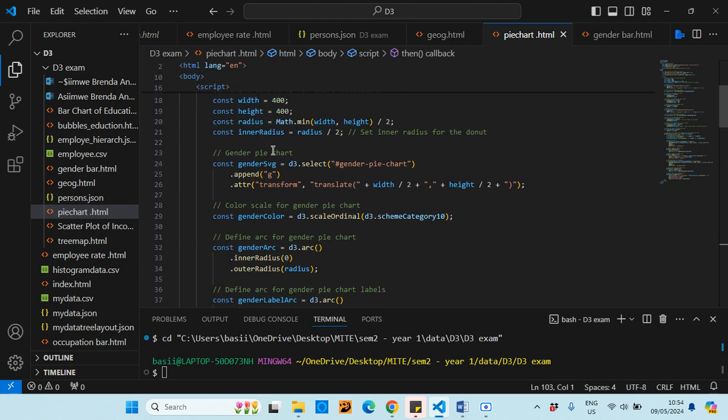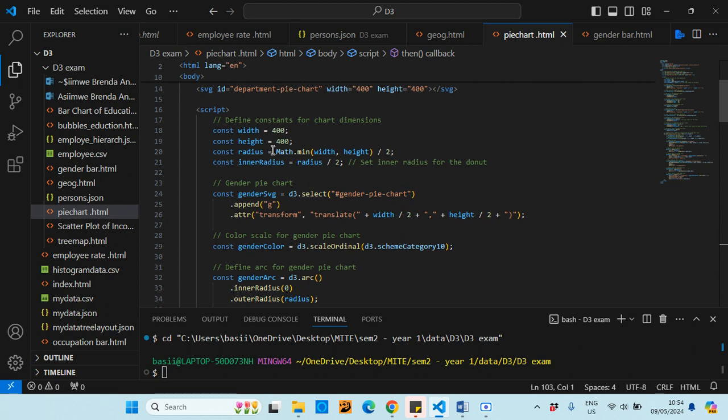Here we end up creating the variables for the container.